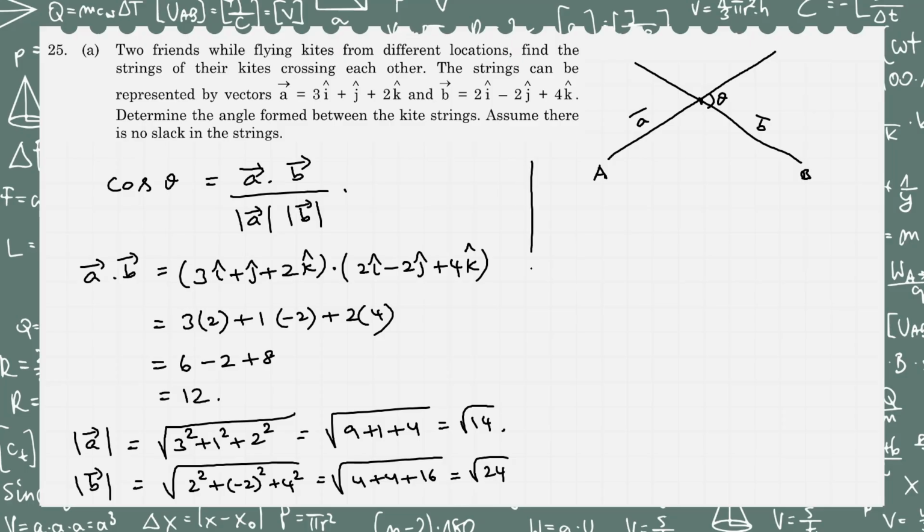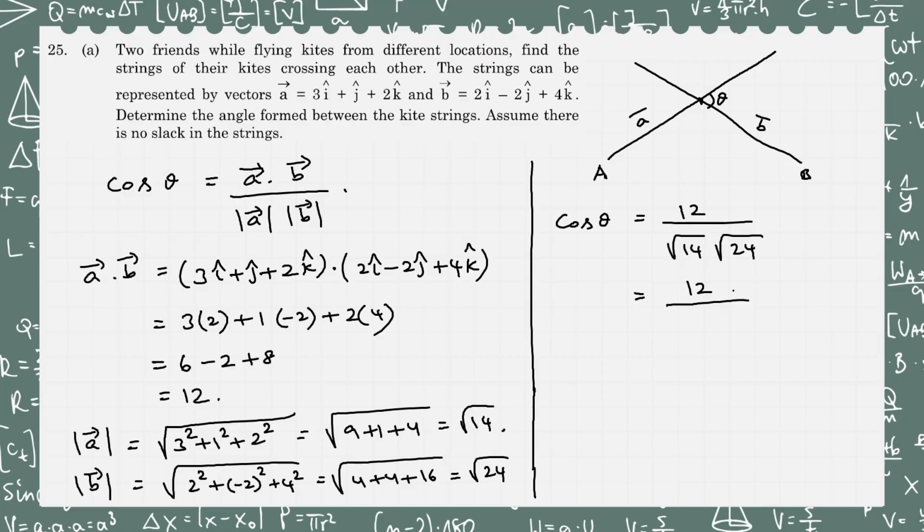So now let us find the value of cos theta. So cos theta equal to A dot B's answer is 12 divided by length of A is root 14 and the length of B is root 24. And this we can write like 12 divided by root of 14 into 24.